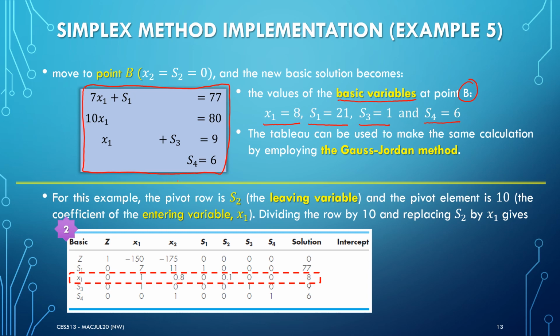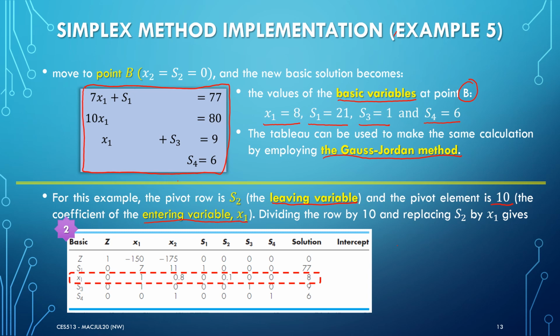The tableau can be used to make the same calculation by employing the Gauss-Jordan method. For this example, referring to the first tableau from the previous slides, the pivot row is S2, which is the leaving variable, and the pivot element is 10, which is the coefficient of the entering variable x1.